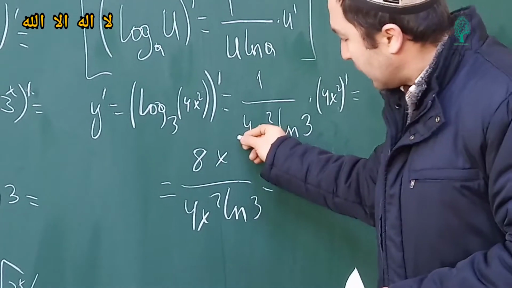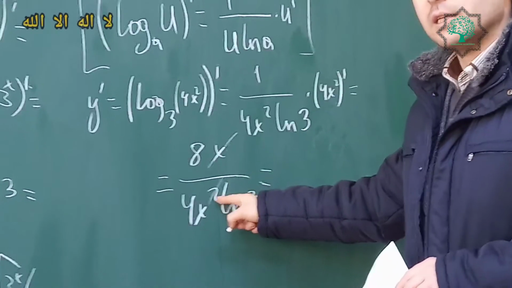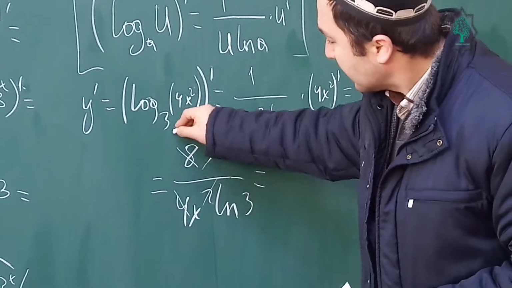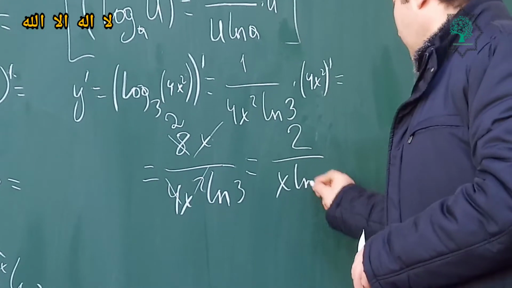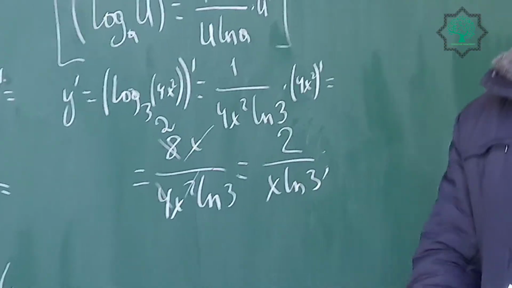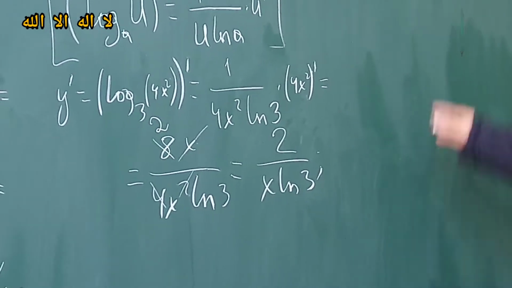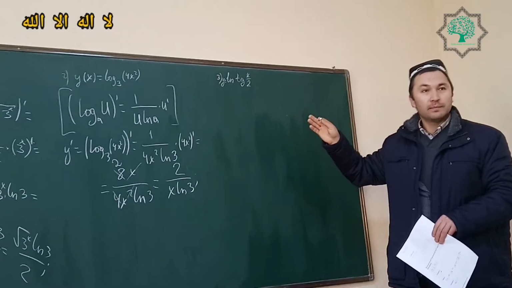And we have x and reduce x and its square, and 8 by 4, yes. And we have u prime over u, and we have already finished. It's too easy, yes.